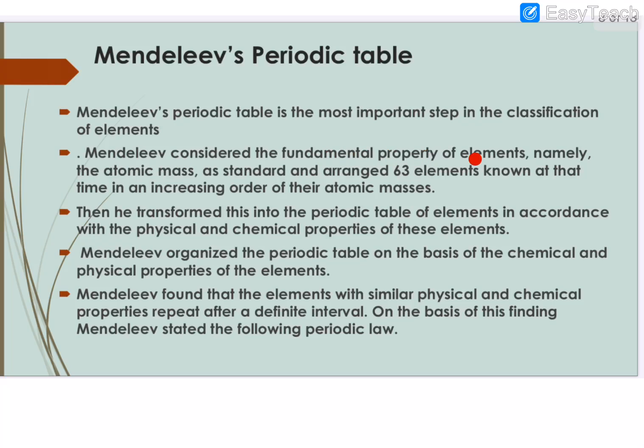Mendeleev considered the fundamental property of elements, namely the atomic mass, as the standard, and arranged the 63 elements known at that time in increasing order of their atomic masses.